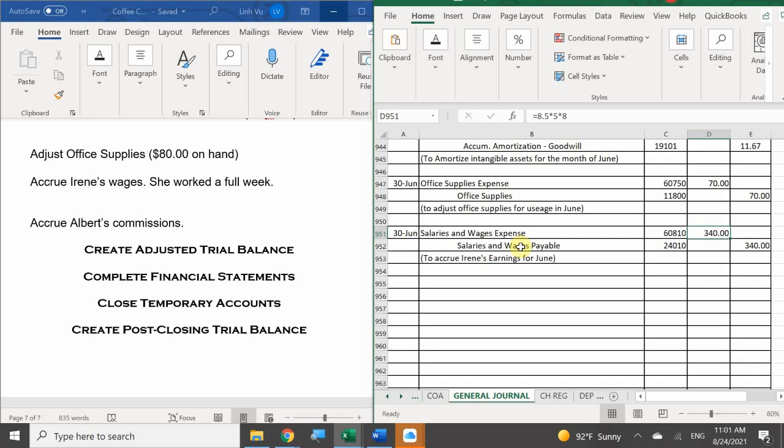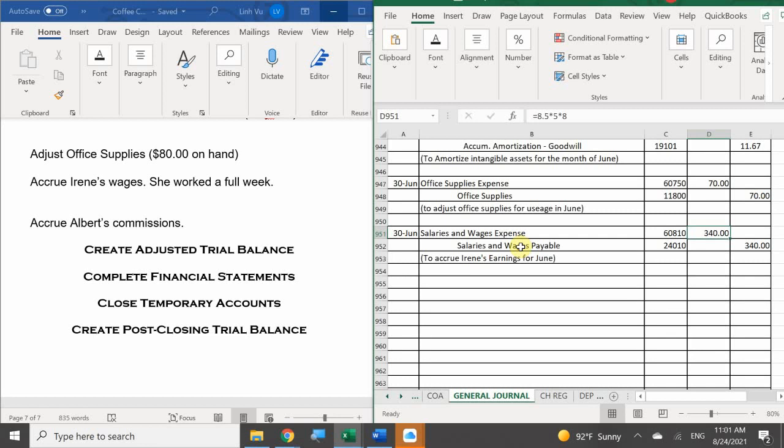So that's what we're doing here, we're just separating that we owe her and she's earned so far $340 for the month of June. Because once the next month rolls around, we need to calculate how much she earned in the month of July. Okay? So that is that.